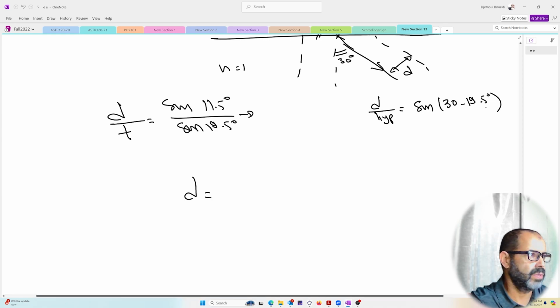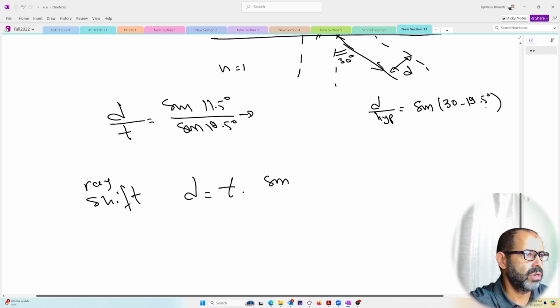So this is the ray shift from the incident to the one that emerges from the other end, from the bottom. So this is given by the thickness times this ratio of these two sines, sine of 11.5 divided by sine of 19.5 degrees. Okay, so let's go back to our GeoGebra.